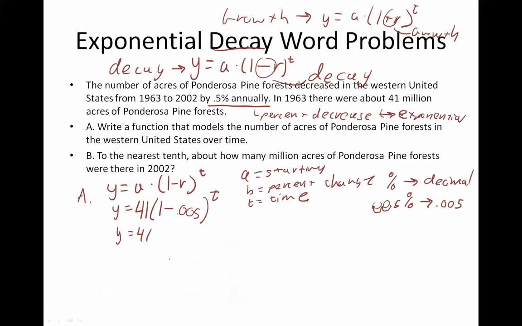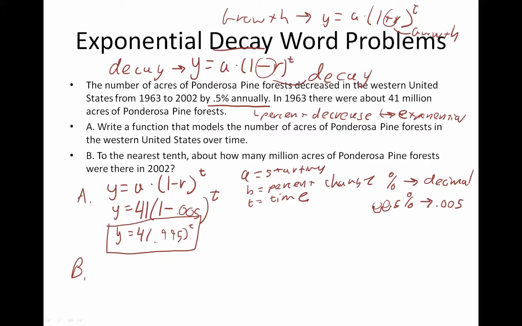So 41 times 0.995 to the t. So that is the model that represents this. Again, I got it because the starting value was 41. The percent decay was 0.5%, which I changed to a decimal. And then I'm not given a time, so I'm just t.